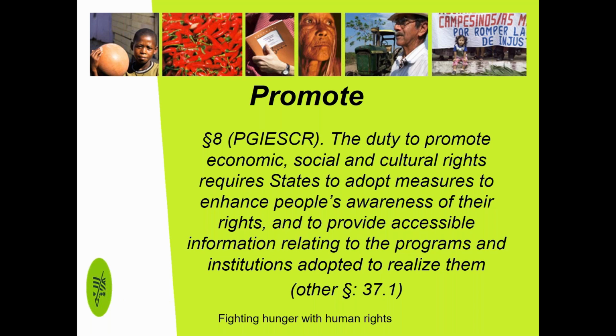So basically, what is very important is the promote obligation, especially paragraph 37.1, which stipulates that states shall ensure that these guidelines are widely disseminated. So there should be a promotion so that people know these guidelines in the country.